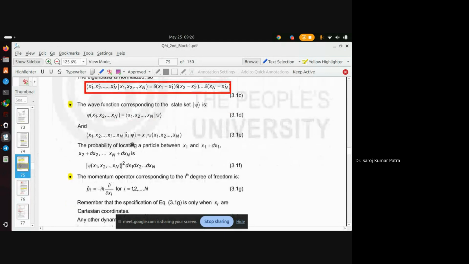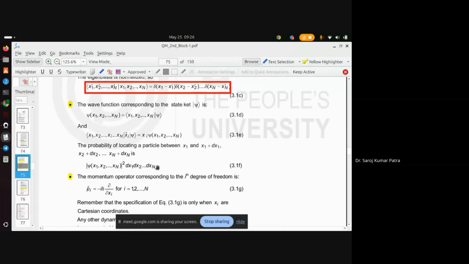The probability of locating the particle between x1 and x1 plus dx1, x2 and x2 plus dx2, up to xn and xn plus dxn is more related to the probability density: it will be just psi mod square times dx1 dx2 up to dxn. This is the volume element.